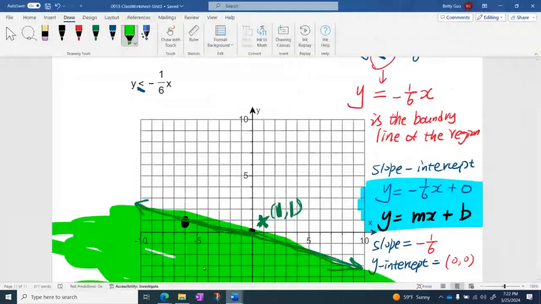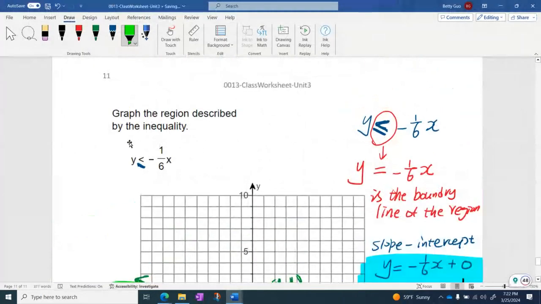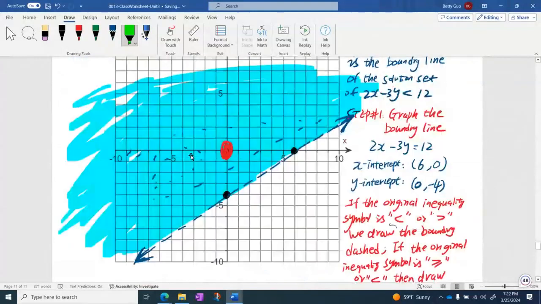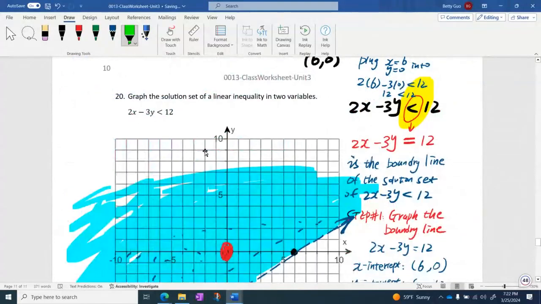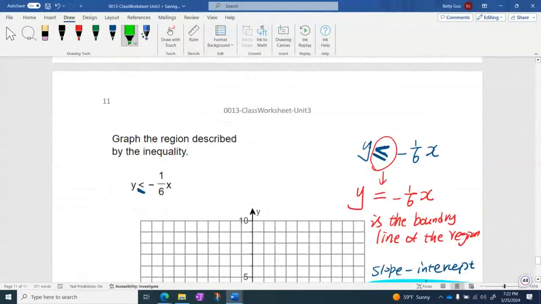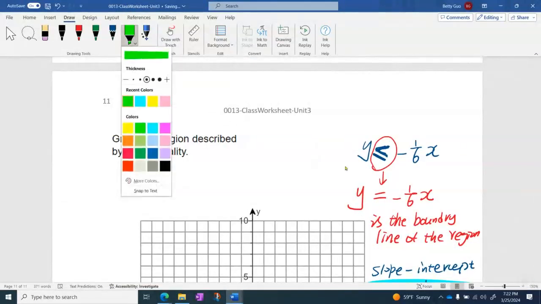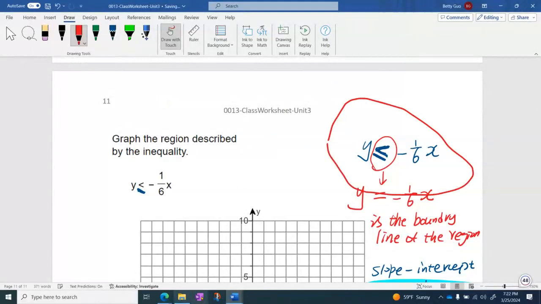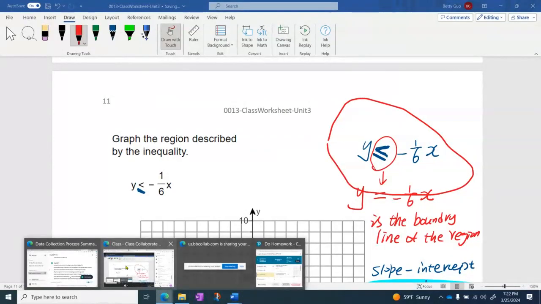It was strictly less than. I just wanted to make a question different from the first question, so I changed the inequality symbol to less than or equal to right here.